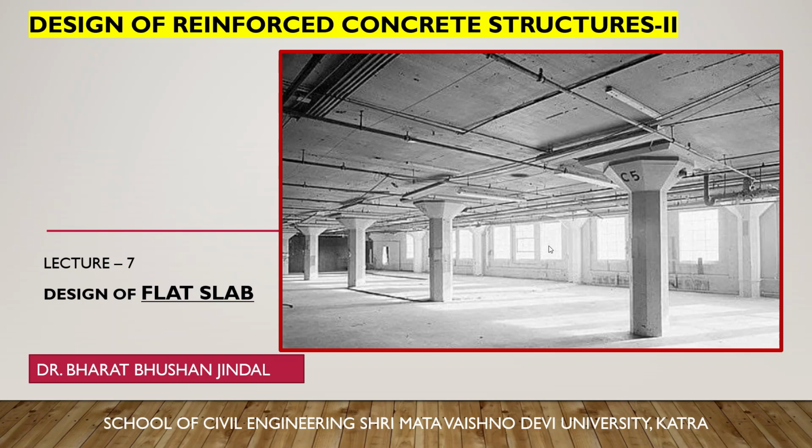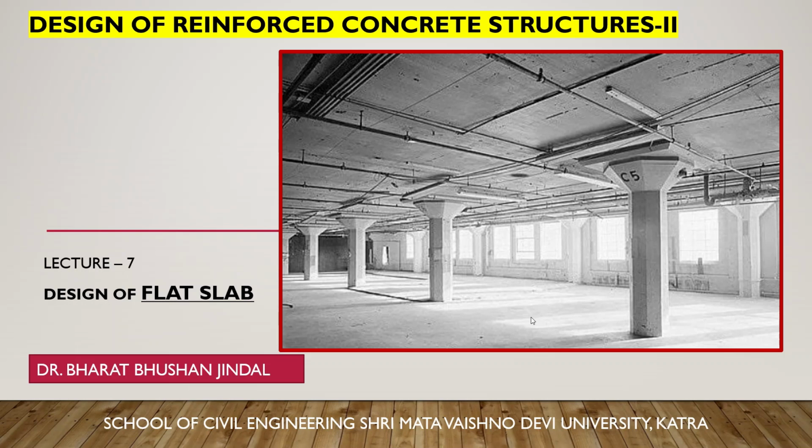Now the question is, what is a flat slab? In this figure you can see a sketch of a flat slab. You may be able to see in this photograph that only columns are there and no beam is visible.